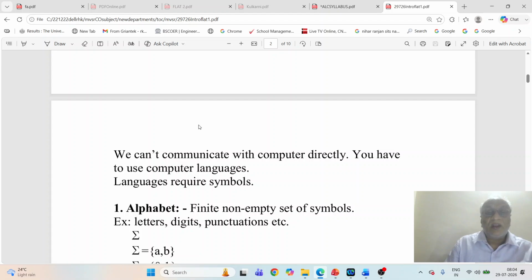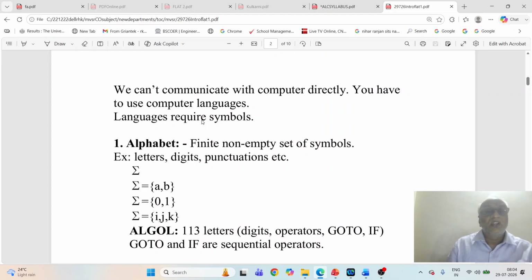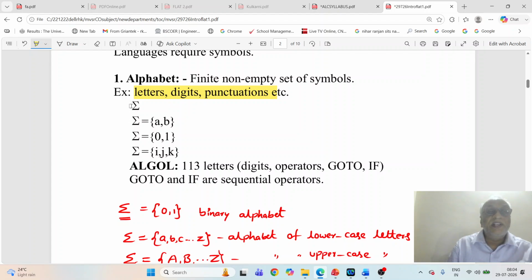So for a computer language, what is an alphabet? An alphabet is a finite, non-empty set of symbols. Those symbols can be letters, digits, or punctuation marks. An alphabet is defined using the symbol sigma.